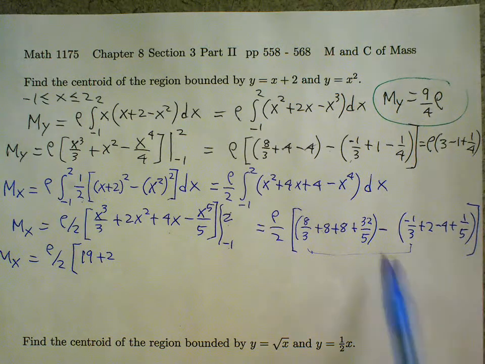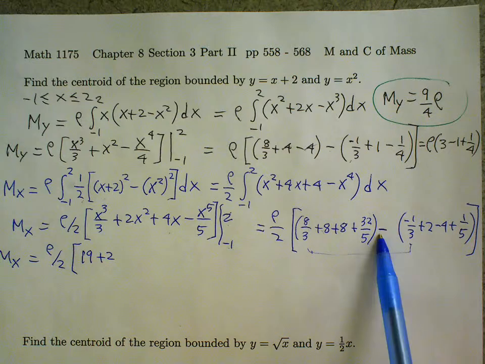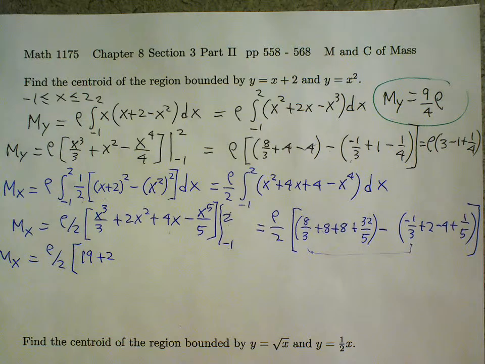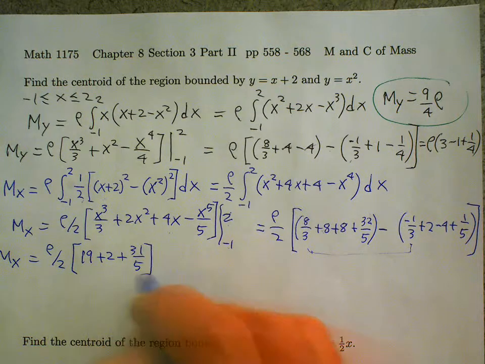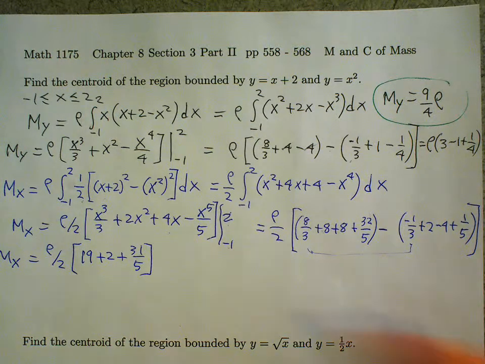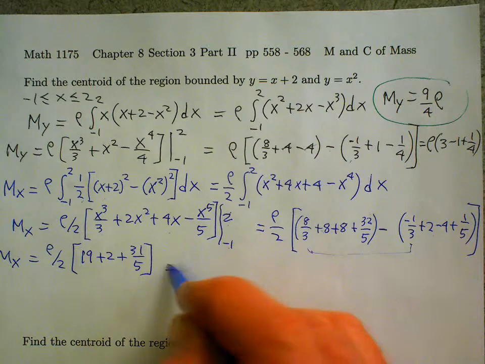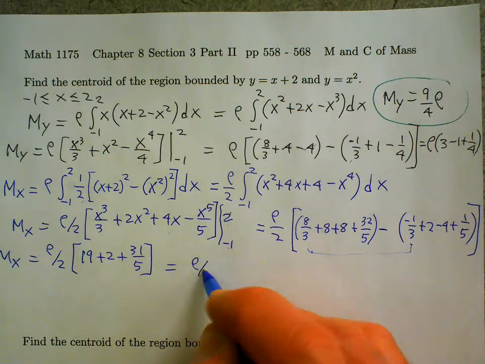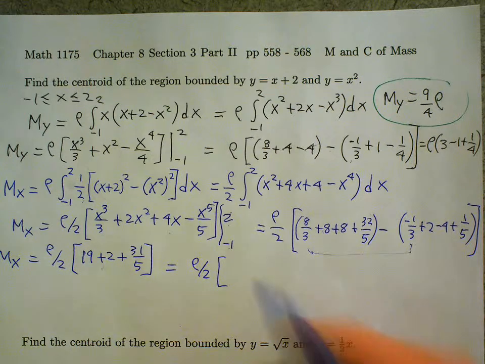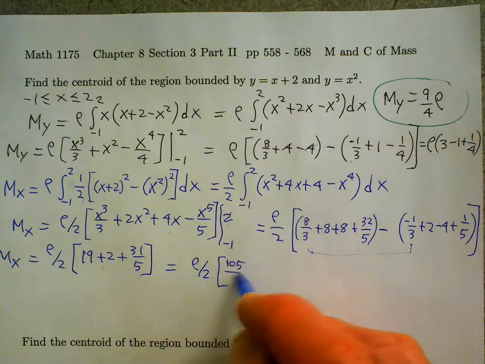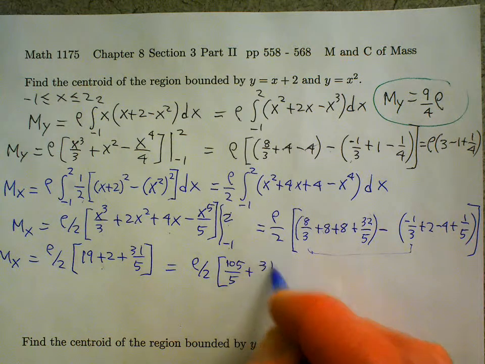And the only thing left is 32/5 minus -1/5, which is plus 31/5. Okay, 19 plus 2 is 21 with a common denominator of 5. That's 105 over 5 plus 31 over 5.